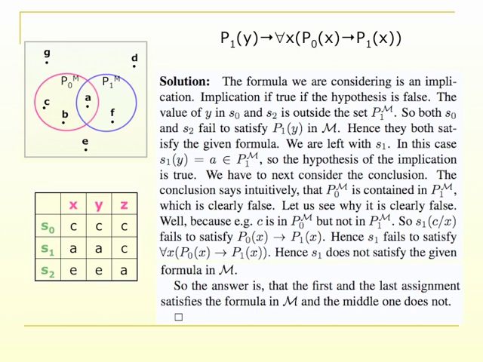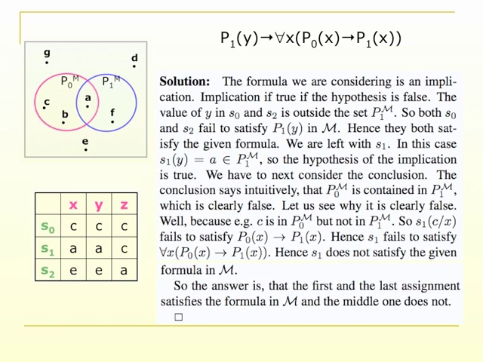In this case, S1 y is A, which is in P1 M, so the hypothesis of the implication is true. We have to next consider the conclusion. The conclusion says intuitively, as we remarked earlier, that P0 is contained in P1. But this is clearly false. Let us see why it is clearly false. Well, because, for example, C is in P0 M but not in P1 M.